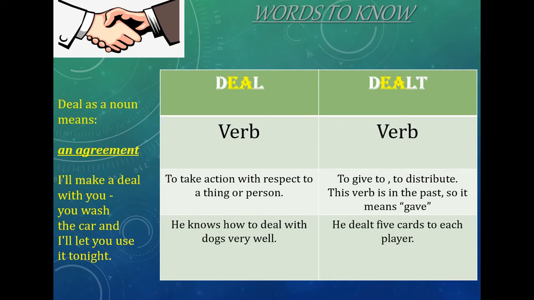Okay? So deal as a noun, it means an agreement. I agree with you, so I deal with you. Deal as a verb means I take an action or I know how to deal with this thing or this problem or this person. Okay? Not every single person knows how to deal with old men. Okay?